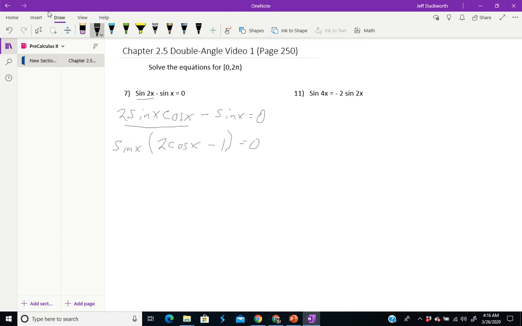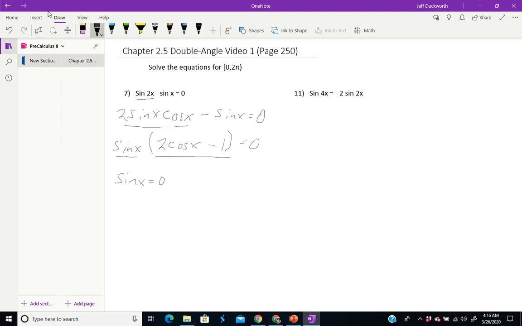So now if either the first part here, sine of x, equals 0, or if this part here, 2 cosine of x minus 1 equals 0, our entire equation will be equal to 0. So let's deal with the first part here. Sine of x equals 0.